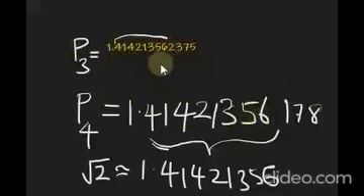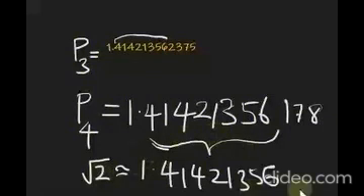These numbers are exactly the same, so we can say that p sub 3 and p sub 4 are exactly the same to 8 decimal places. Now we stop computing other iteratives.